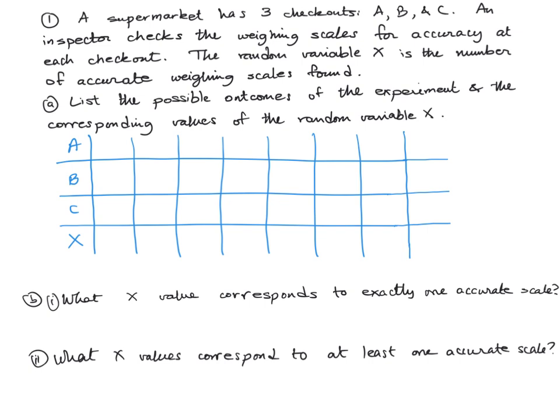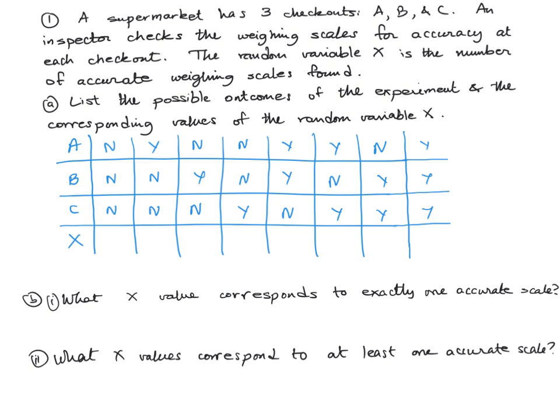So one possibility, of course, would be all of them were inaccurate. So no, no, no. Then I could have yes, no, no. Then no, yes, no. Then no, no, yes. They could have yes, yes, no. I could have yes, no, yes. I could have no, yes, yes. And then I could have yes, yes, yes. And that's all the possibilities.